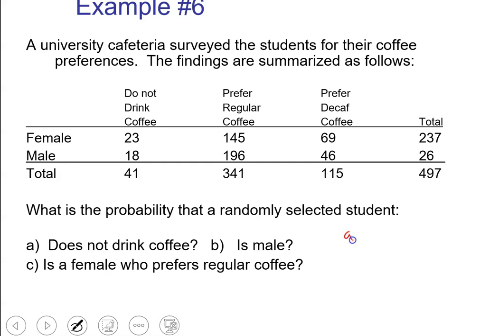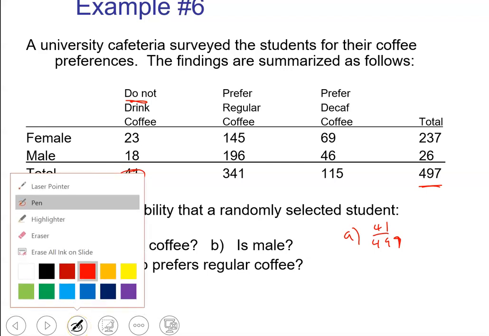It says does not drink coffee. Well, all of these people do not drink coffee, so that's 41 out of our total number. So 41 out of 497 is going to be our probability when they don't drink coffee.